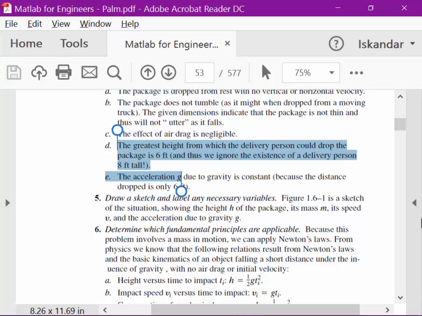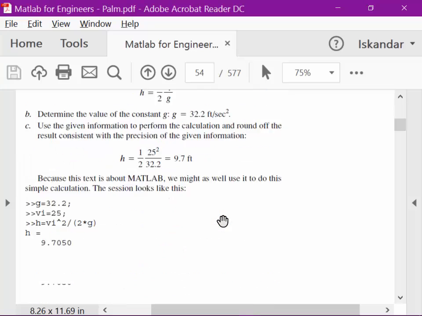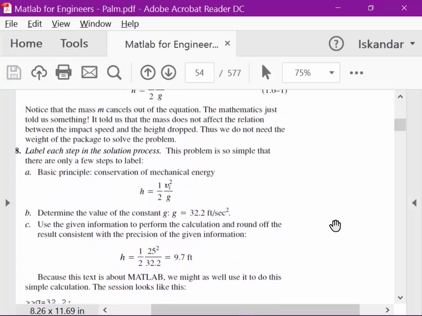What we did is we found out what height we can take this box to, and it would hit the ground at 25 feet per second. By using these formulas, we determined that if we drop it from 9.7 feet, it's going to hit at 25 feet per second. So we determined the height we've got to raise it to in order to drop it.